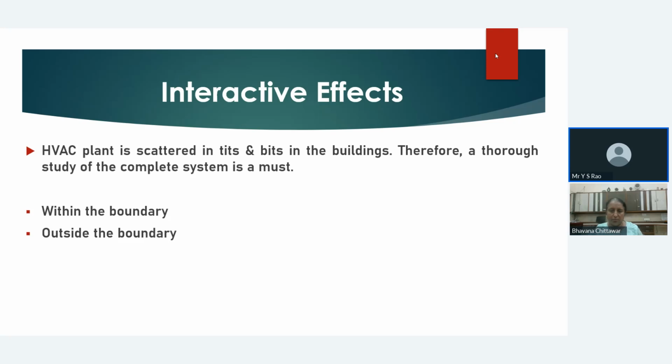Since the entire HVAC plant is scattered in bits and pieces across the building, it becomes way too difficult to comprehend the entire system without having a proper as-built drawing in hand. Because of the implementation of the proposed ECM, or energy conservation measure, that may be good for the system within the boundary, but may not be ideal for the system out of the boundary.